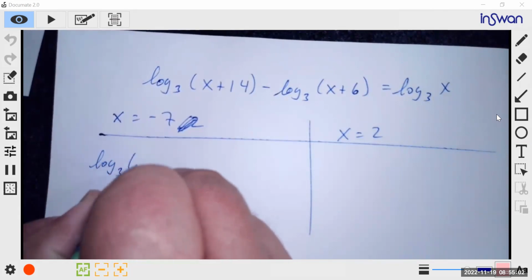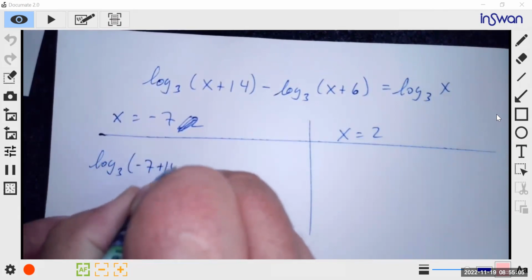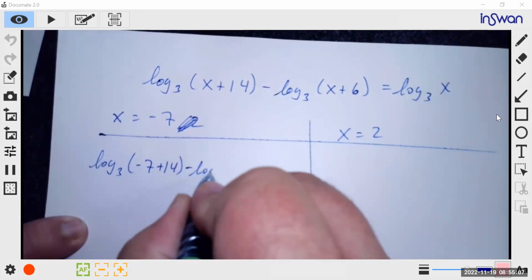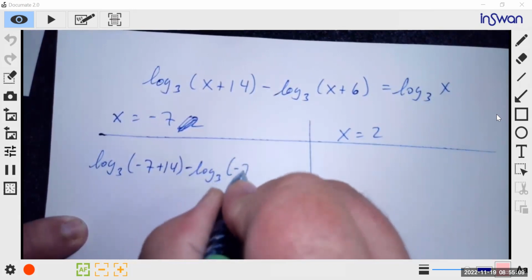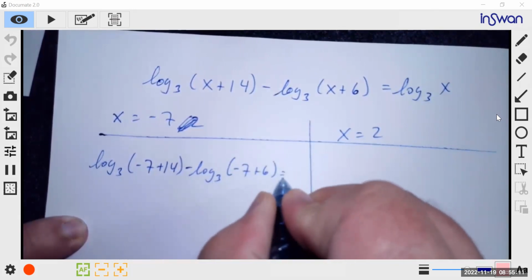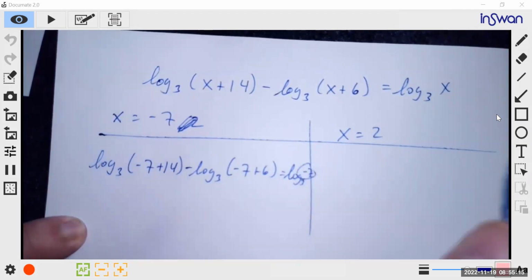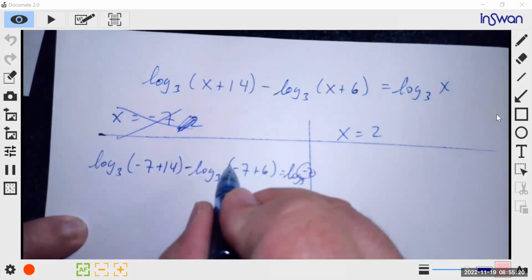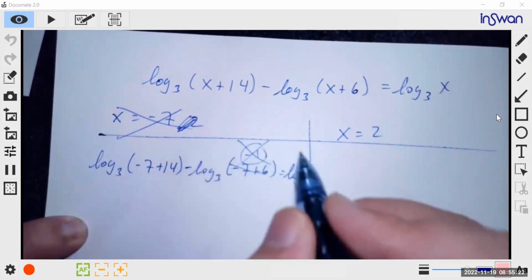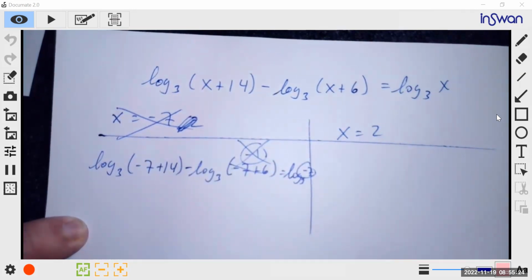Negative 7 plus 14, log base 3 of negative 7 plus 6 equals log base 3 of negative 7. You cannot take a log of negative 7, and negative 7 plus 6 is negative 1. You can't have that, so negative 7 cannot work.